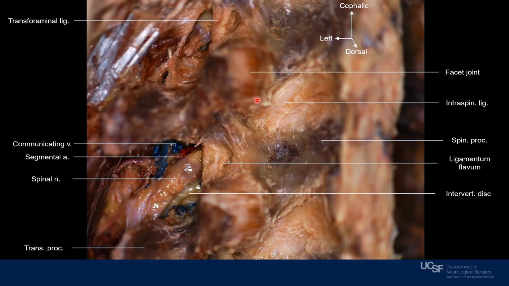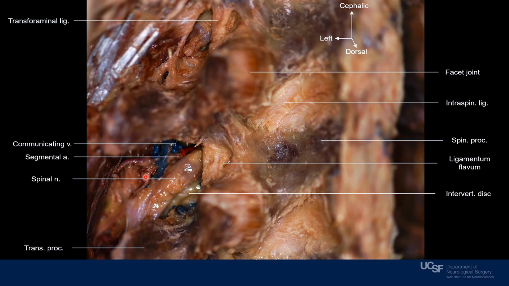Next. So what we're seeing here is a posterior view of the left side of the lumbar region. And what we can identify right here is the supraspinal ligament, the interspinal ligament, and in between the lamina, we can see the ligamentum flavum from the left side.